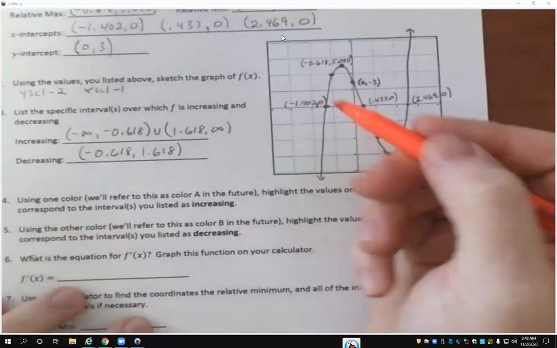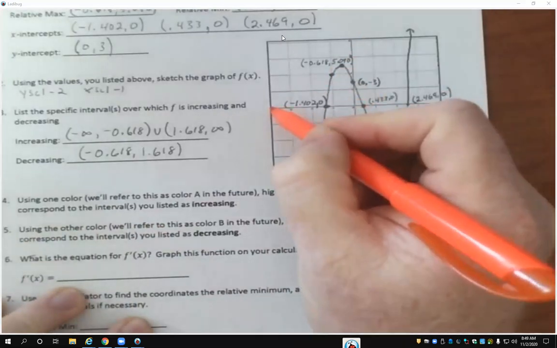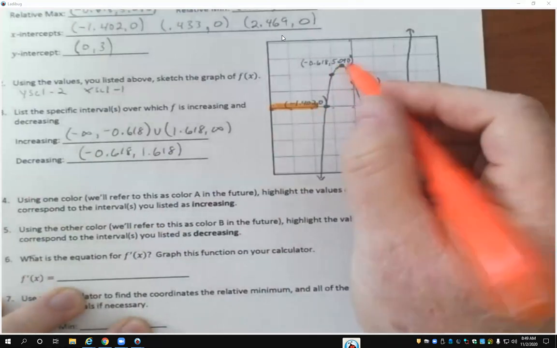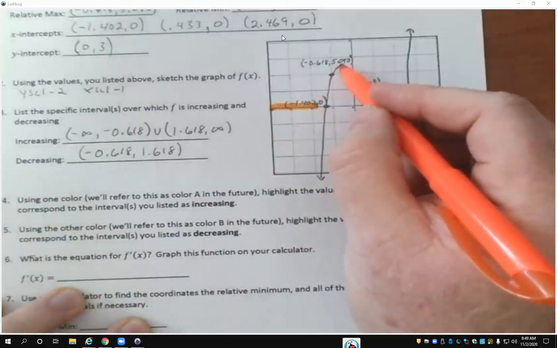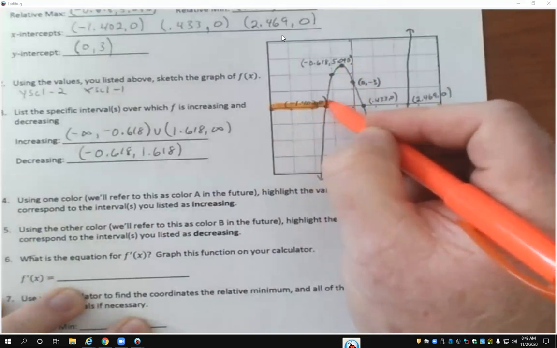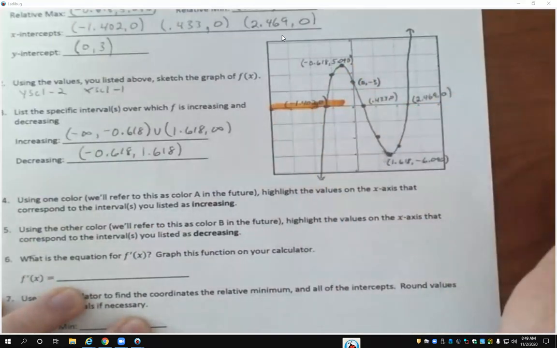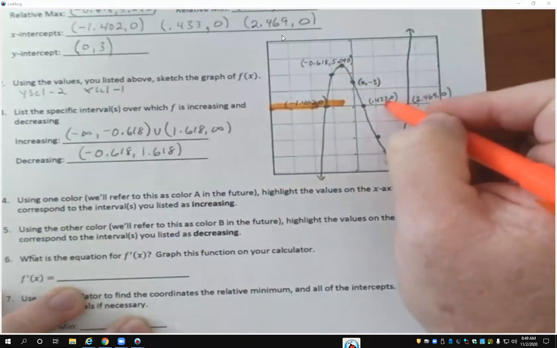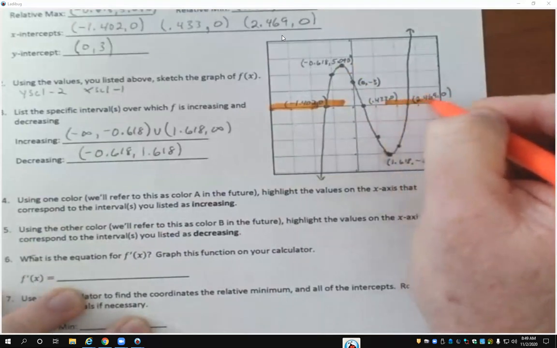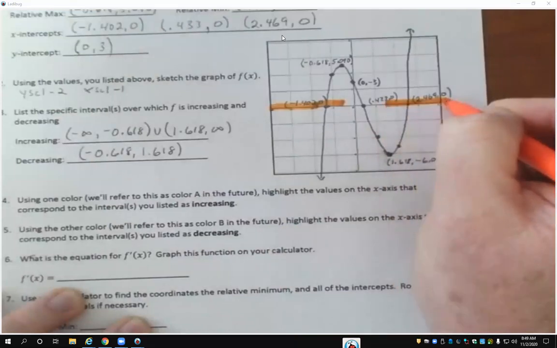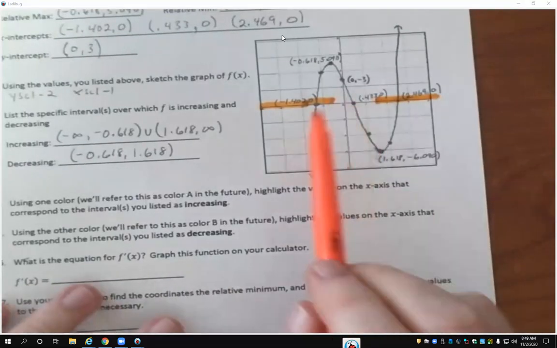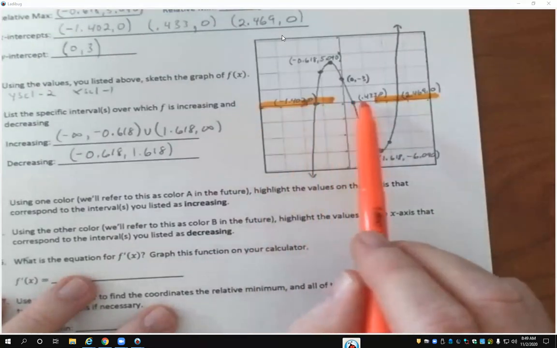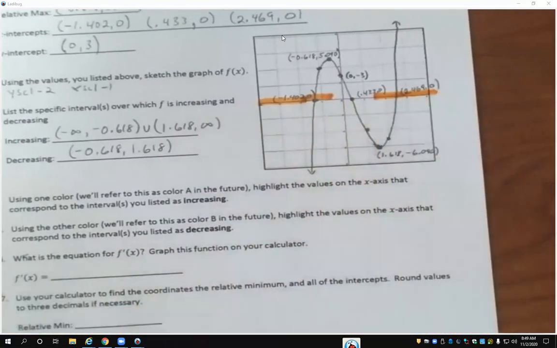So we're increasing from negative infinity all the way up to negative 0.618, and also from 1.618 to infinity. So on the x-axis, my two intervals where I'm increasing are from here to here and from here to here.